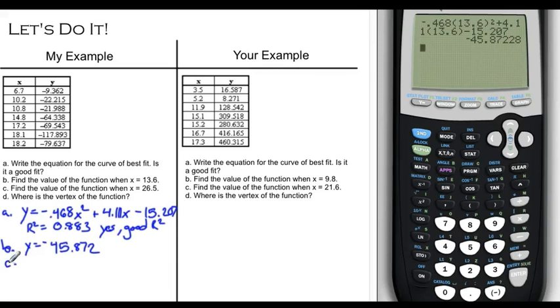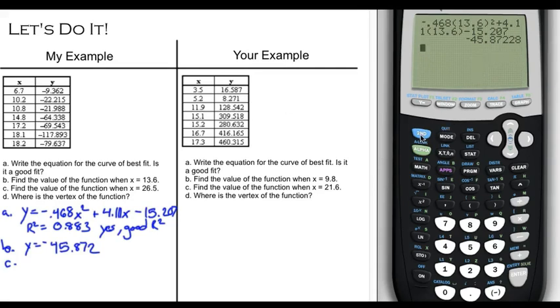All right, for part C, all we have to do there is now substitute in, sorry, I lost my cursor there for a moment, 26.5. Now notice this is outside of our data. So this is making a prediction based off of something where we don't have any numbers to show us that, but it's still the same idea. I just substitute 26.5 in for x.